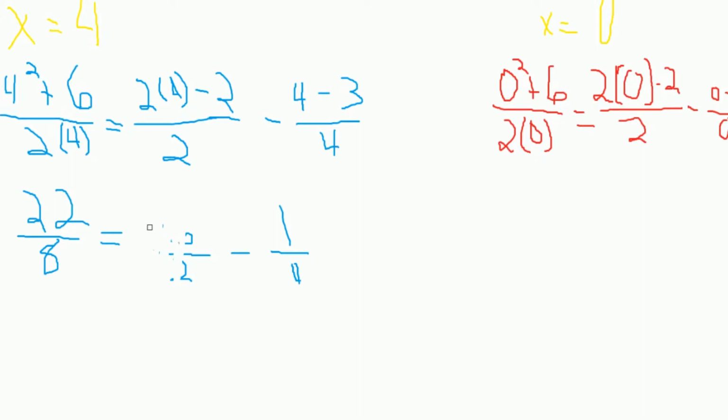This becomes a 3. Well, after all that, we can simplify this by 4 to give us more simplified terms. 3 minus 1 over 4 is equal to, we'll do the math quickly, 22 over 8 divided by 2 equals 11 over 4.